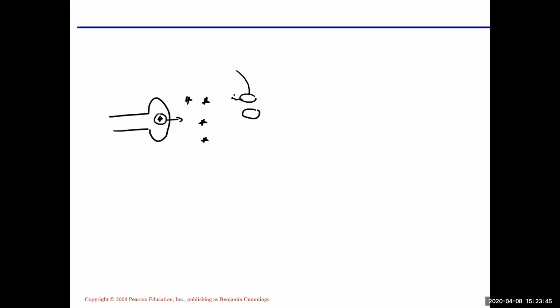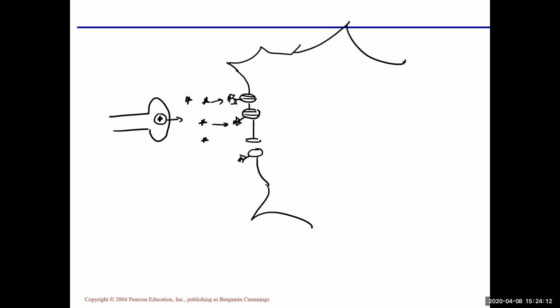So pretend that these are a star shape, for example, and they're able to bind these, and as they bind, the channel is opening. This is a neuron. Now, pay attention.